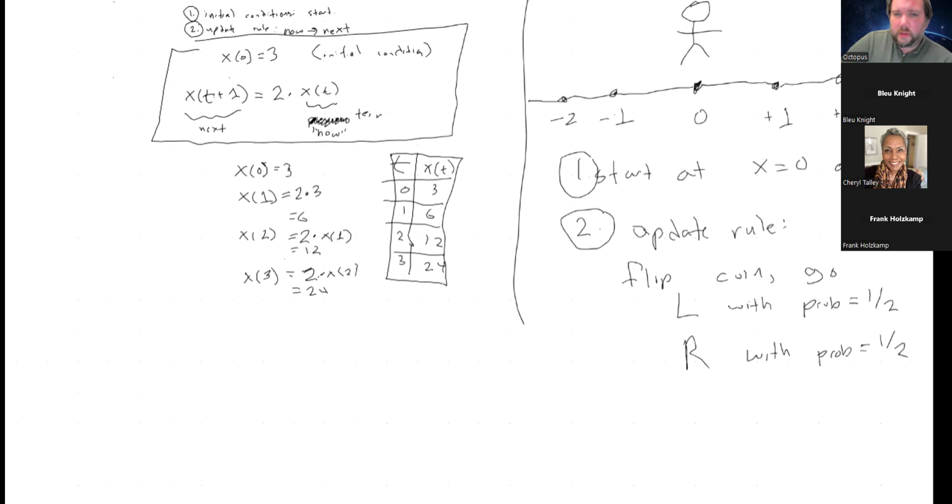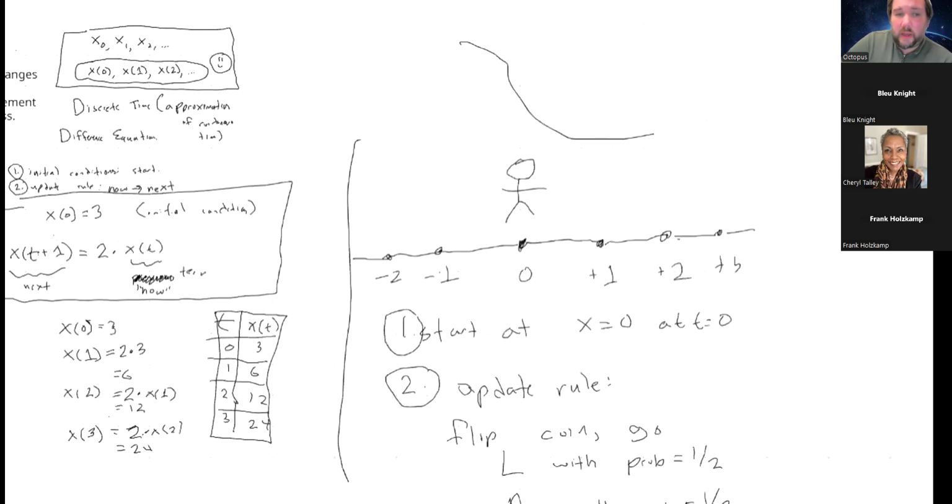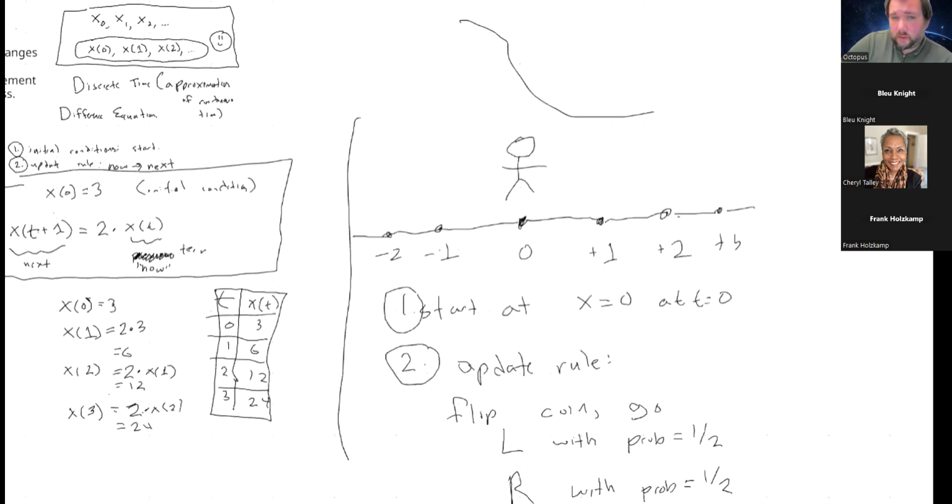So this is now an example of a stochastic discrete time dynamical system, because we have this additional element of randomness that we're not always going to do the same thing.